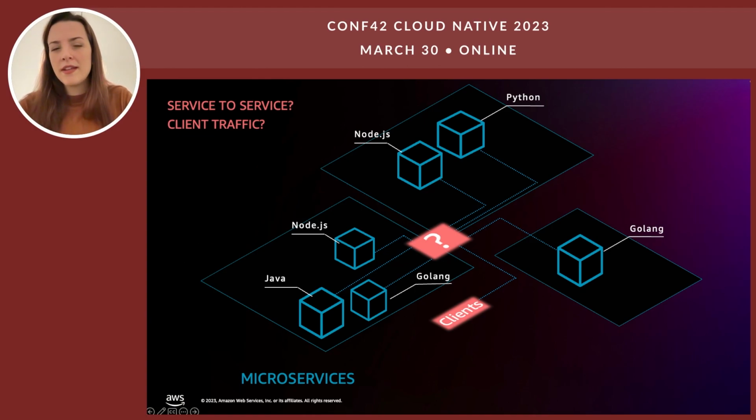Let's recap this a little bit. You have multiple microservices spread across different clusters and different areas of the cloud, usually written in different programming languages. So in this context, how do we handle service-to-service communication and client traffic?